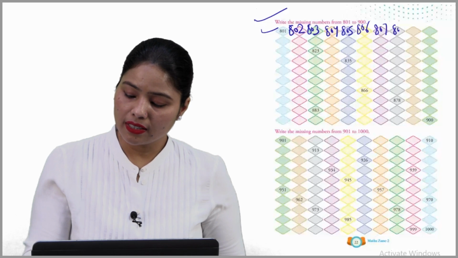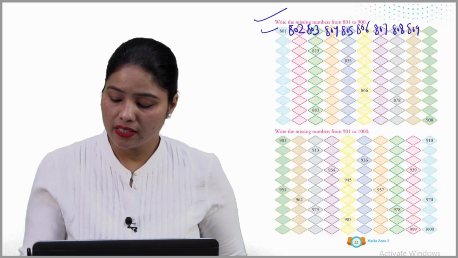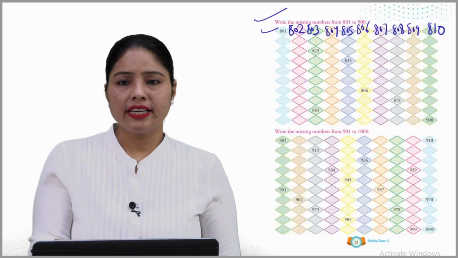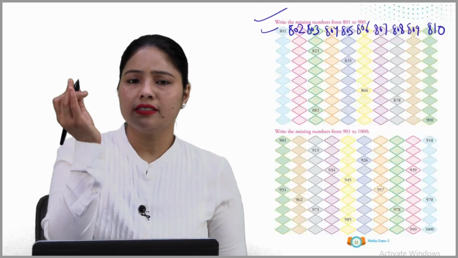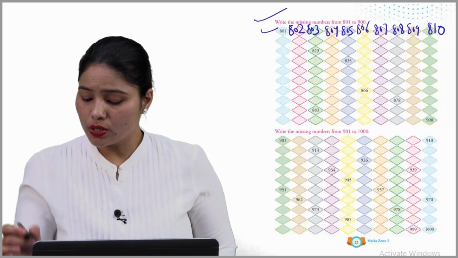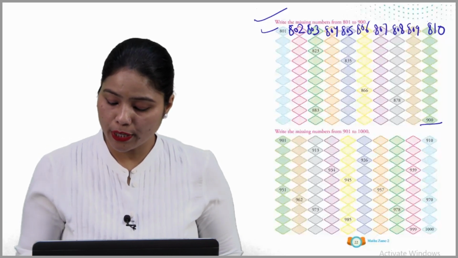Then 808. You have to write it very nicely. Then 809. After that 810. After 810, 811, then 812, then 813, until it goes to 900. So these are the other blanks which you have to fill by your own beta.